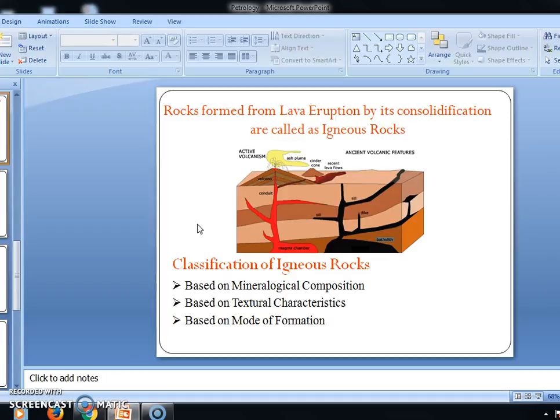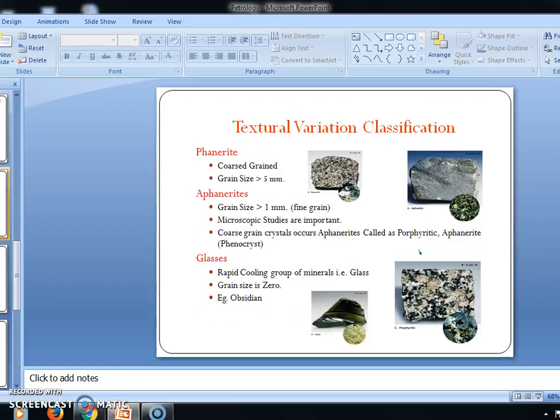That is called the textural characteristics. And based on the mode of formation means at which depth these rocks are formed: the rocks which are formed below the earth's surface at greater depth, above the earth's surface, and in between the below and above there is another group of rock.